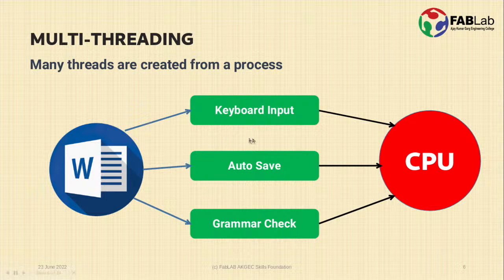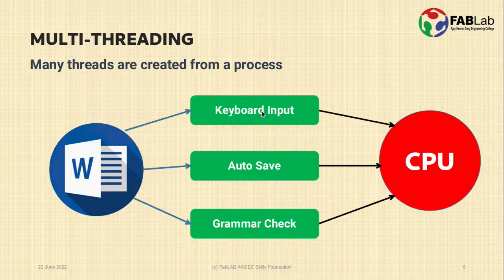A few threads I have mentioned here: our Microsoft Word program must be available to take keyboard inputs, so that whatever we are typing on our keyboard is printed in the Word application. Also, it is running the thread of auto save after a certain time period, which starts saving your text document.